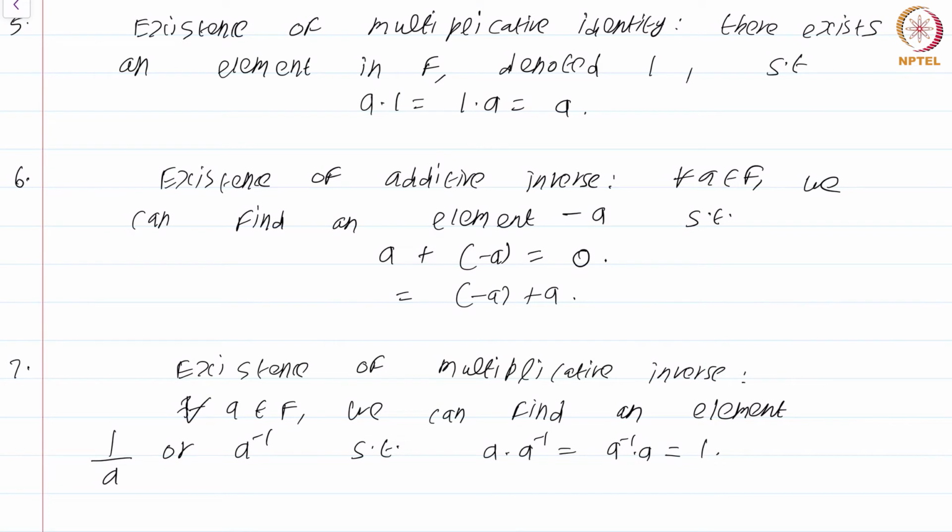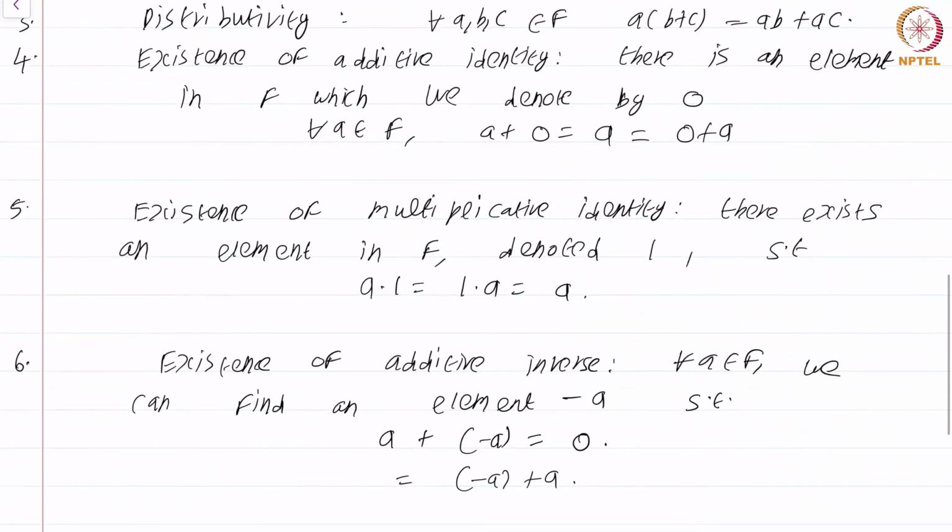Now first, let me correct a mistake. I hope you notice this mistake. This is not true for all elements in the field. This is true only for those elements that are non-zero. For all non-zero elements, this is true. So, let me also make another correction.